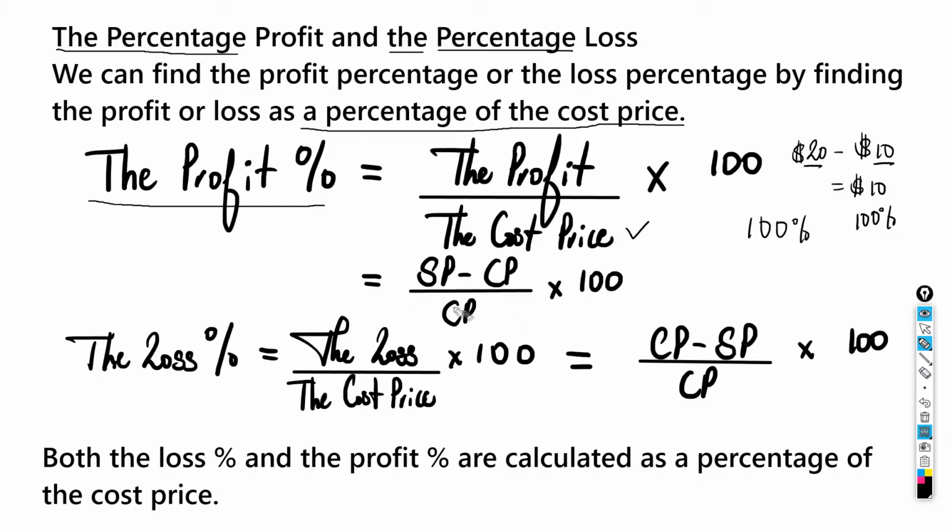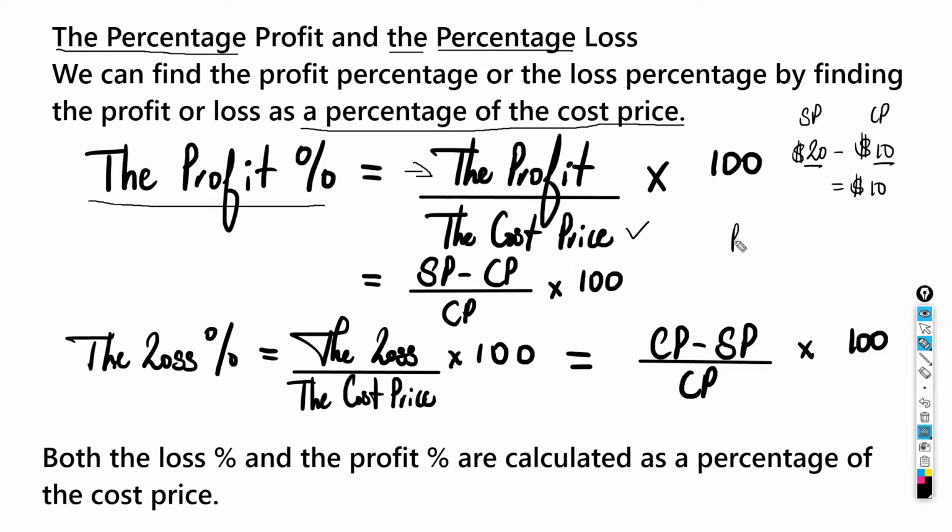So let's look at this example down here. We already know the formula for the profit is equal to the selling price minus the cost price. So that's the top here, over the cost price multiplied by 100. Let's go back to the same example. We buy the item for $10, so this is the cost price, and we sell the item for $20.